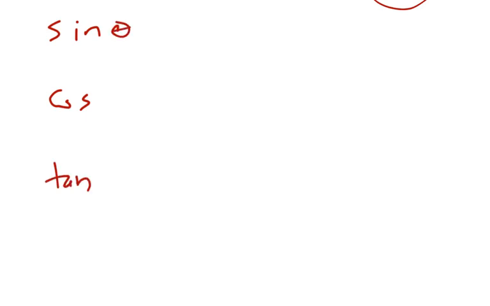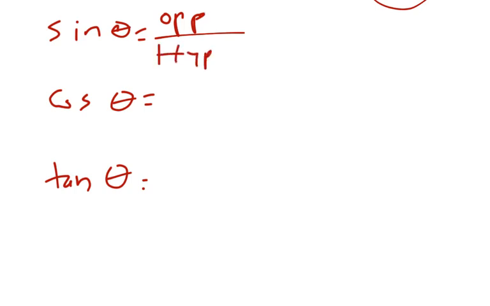Let's call the angle theta. Sine, we just did, is the opposite side over hypotenuse. The cosine is the adjacent side over the hypotenuse.